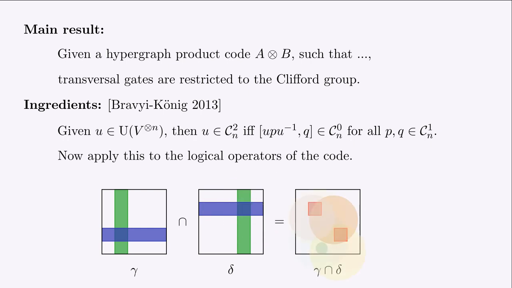And if the intersection is correctable, like there's no logical operators living on the intersection here, then this lemma applies, because this encoded commutator has to be a phase. It cannot contain any encoded logical operators.